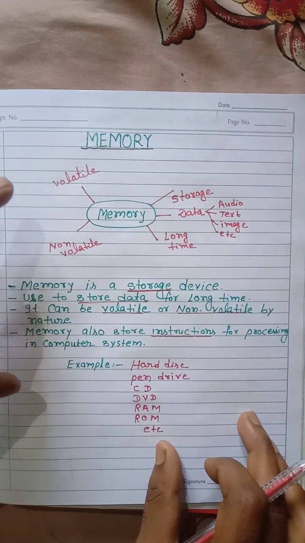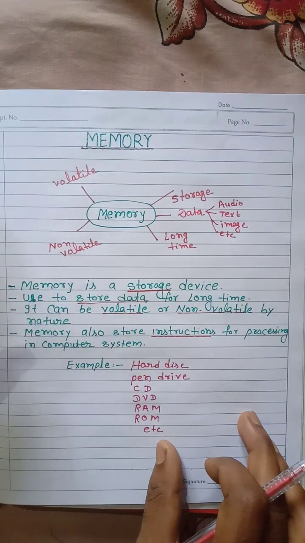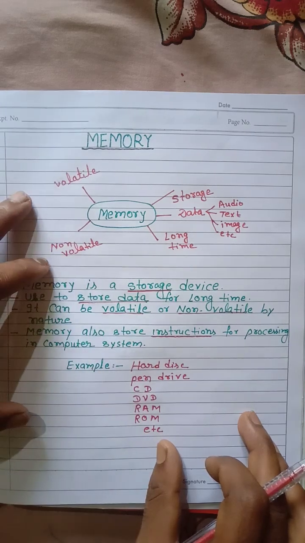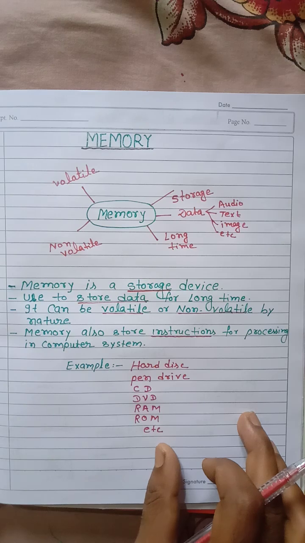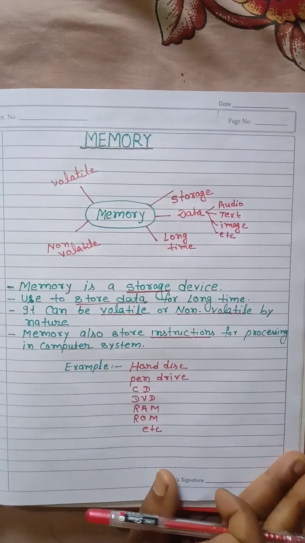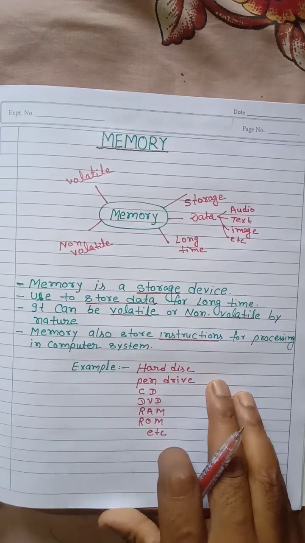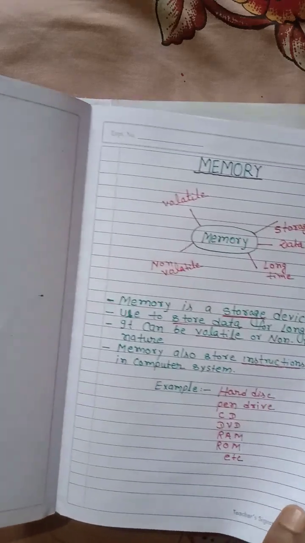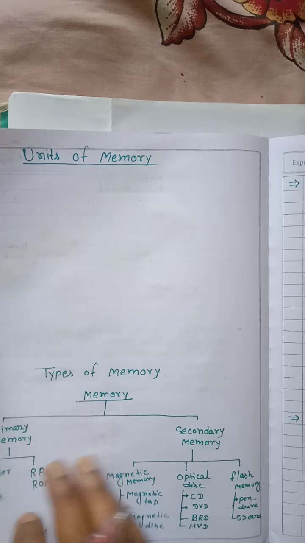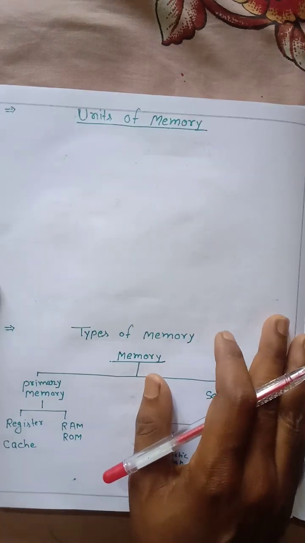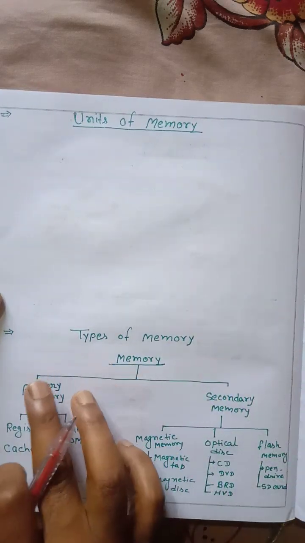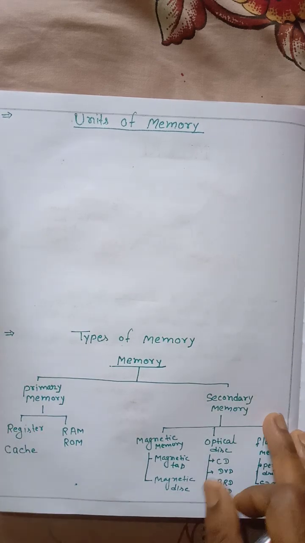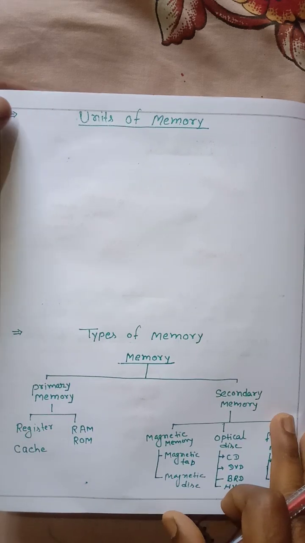Okay, now we will proceed to how many types of memory there are and what the units of memory are. Here we have already prepared a chart of types of memory. Before that, we come to the units of memory.